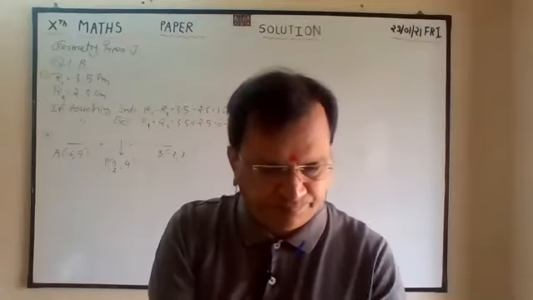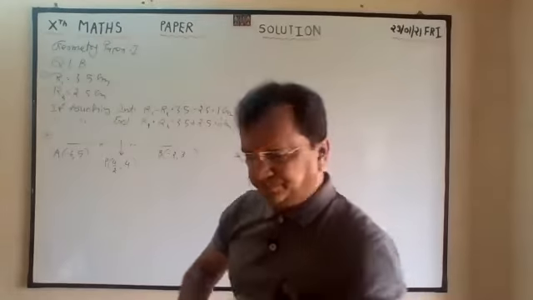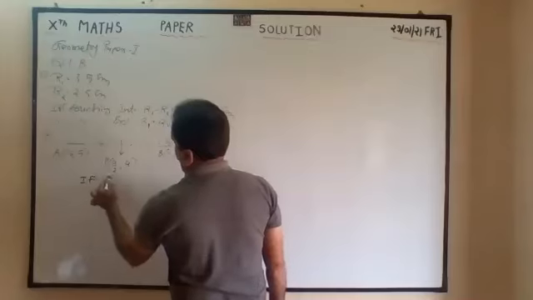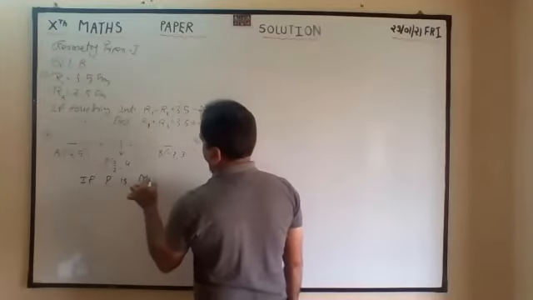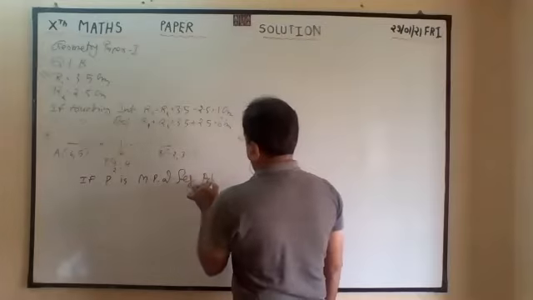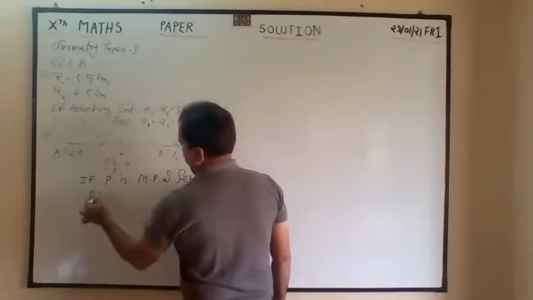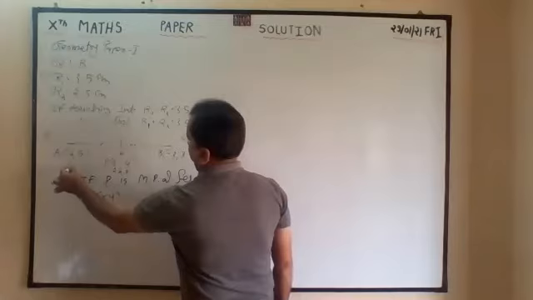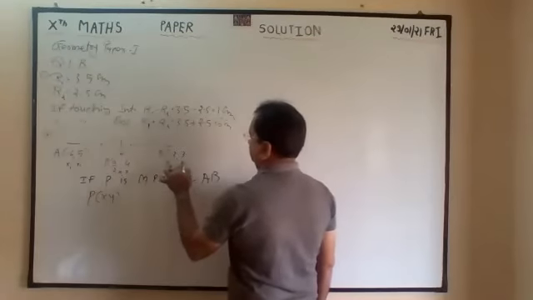So if P is the midpoint of segment AB, P has coordinates X, Y. This is X1, this is Y1, this is X2, this is Y2.